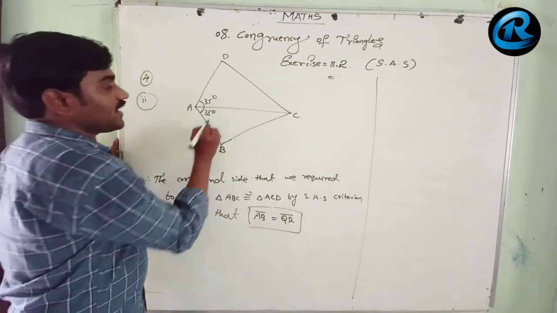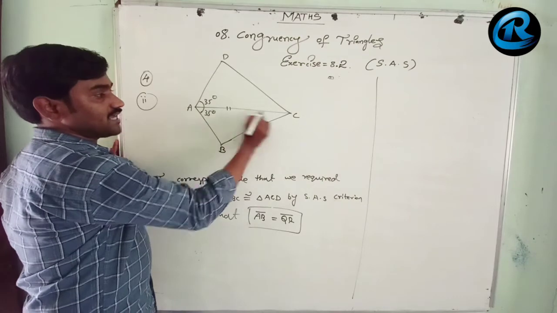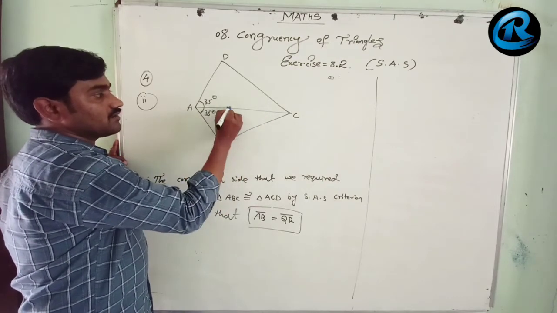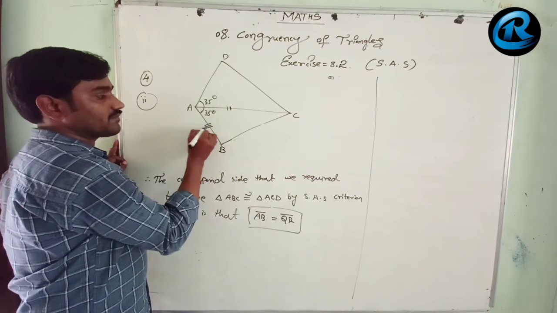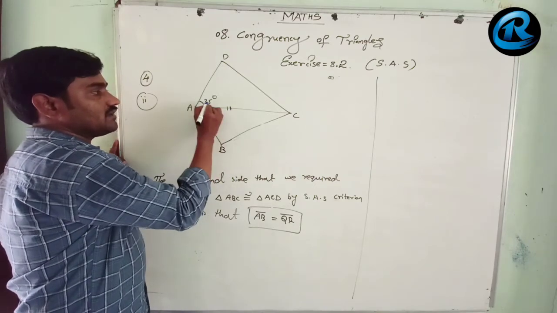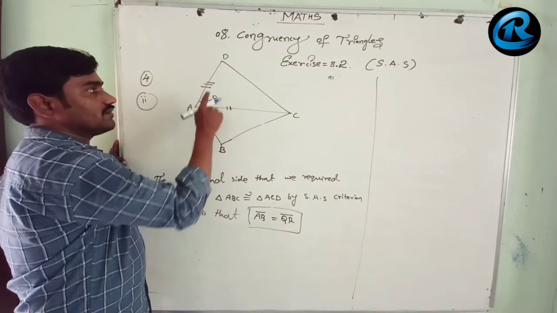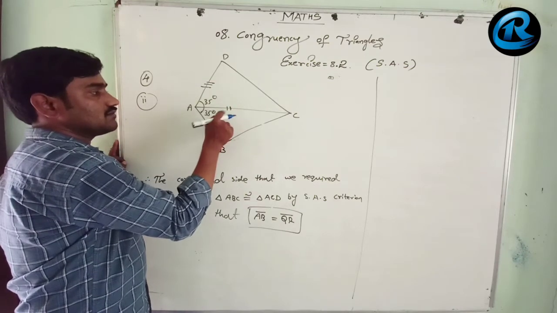See what is given already. This AC is a common side and this is an angle. One side and angle are given, and one more side is required. Side angle side.